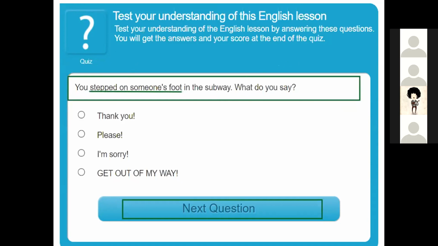¿Qué significa pisas? Pisar el pie. Exactamente, cuando nos tropezamos o le pisamos accidentalmente el pie a una persona, nos dice aquí en el subway, en el subterráneo, puede ser en el tren, in the subway. What can we say? It could be thank you, please, I'm sorry, or get out of my way.